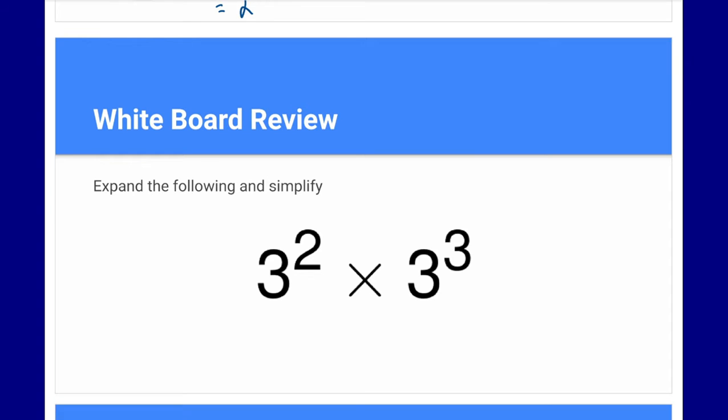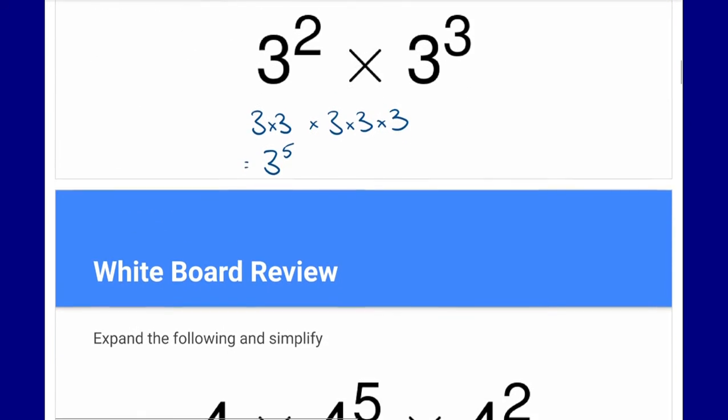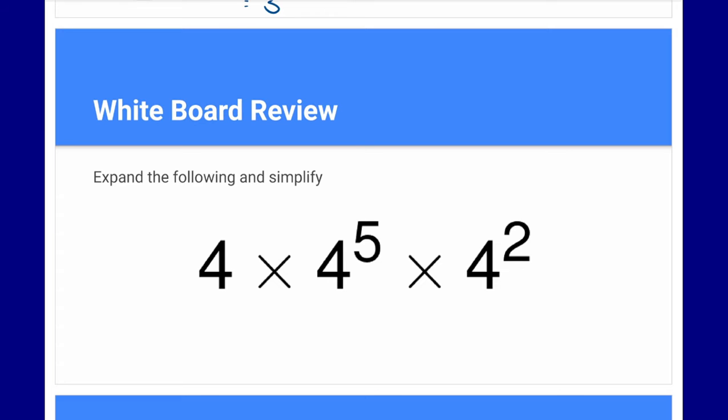Here it's the same idea. 3 to the power of 2 means 3 times 3, multiplied by 3 to the power of 3, 3 times 3 times 3. Simplifying it, I have 5 3's together, so I can say 3 to the power of 5. This one might be a little bit different because we have 3 things, but the same idea still applies.